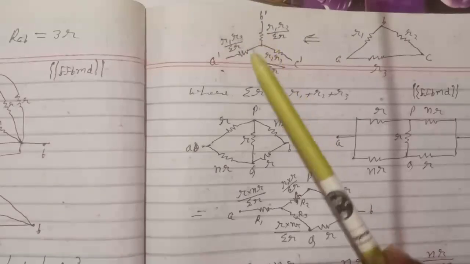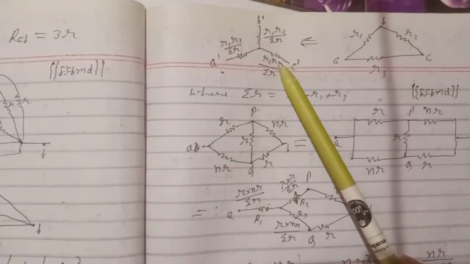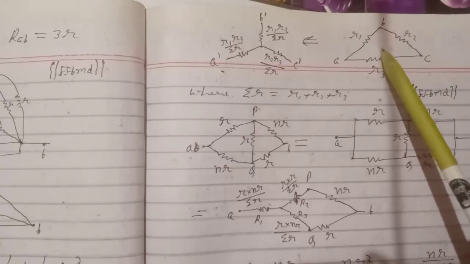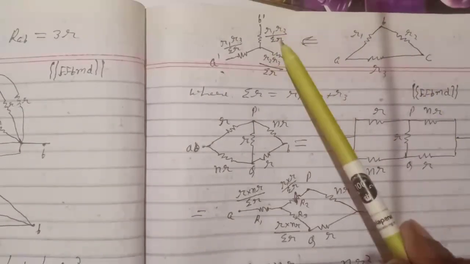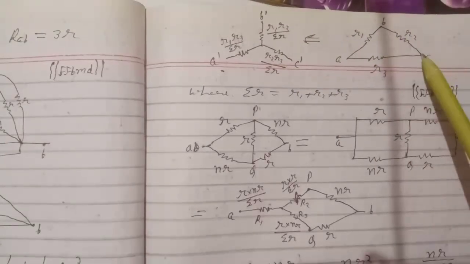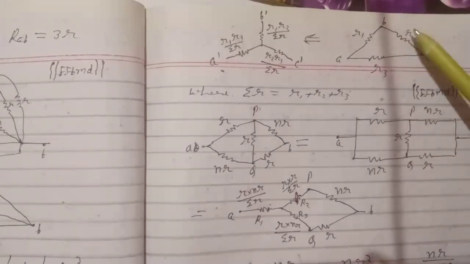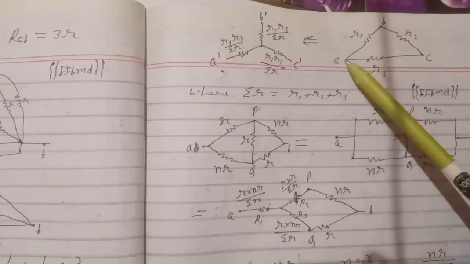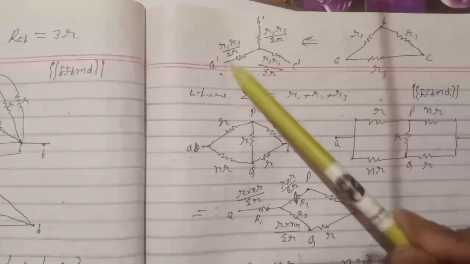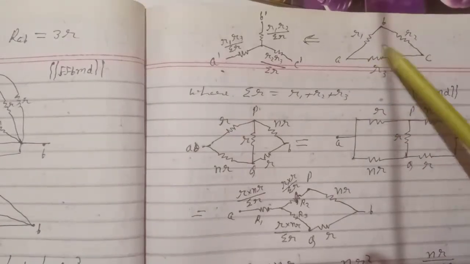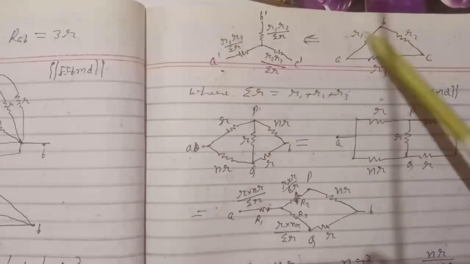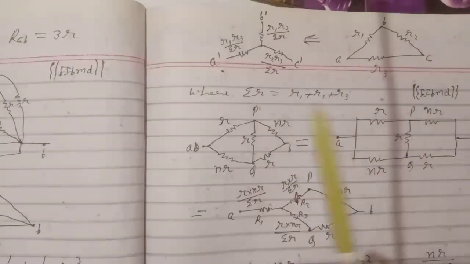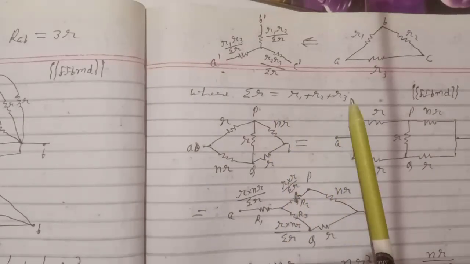Now the values of these three resistances will be given by, for example, if we have connected a resistance here, then this value will be equal to R1 into R2 by sigma R. Similarly, this resistance will be equal to R2 into R3 by sigma R, and for this value here, this resistance will be equal to R1 into R3 by sigma R, where sigma R is the total resistance in the delta, that is sigma R equal to R1 plus R2 plus R3.